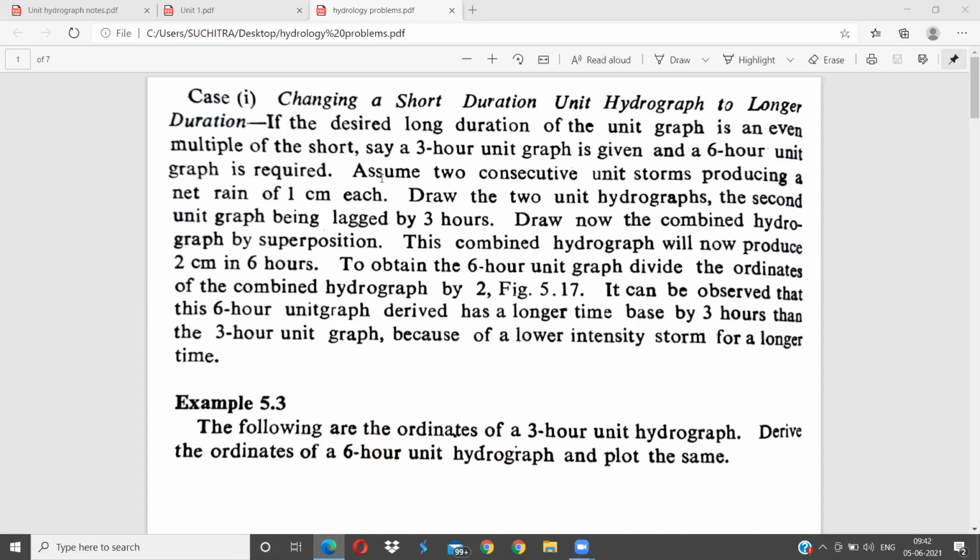Now, we have to follow this procedure. Assume 2 consecutive unit storms, that means we have to assume 2 consecutive unit storms producing a net rain of 1 centimeter.